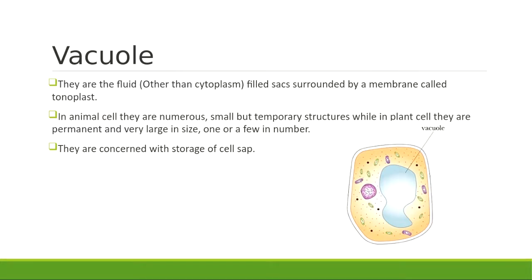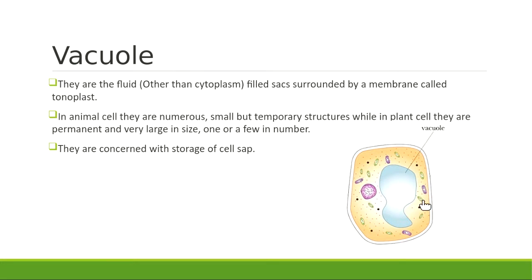Now, lastly, we are learning another type of organelle, which is known as a vacuole. As I told you, a larger-size vacuole is present only in the plant cell, not in the animal cell.